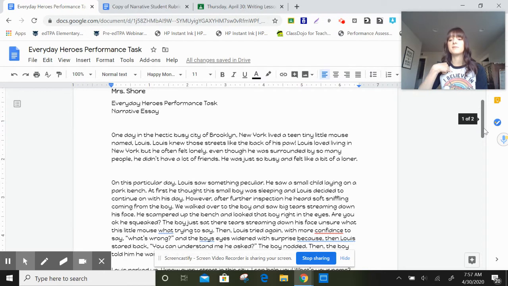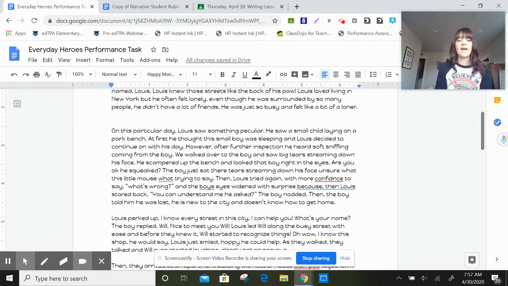Even as an adult, Mrs. Short always reads everything out loud because you catch things like, oh, I spelled that wrong, or I have an extra word here, or I need a comma here. So read it out loud, okay? So I'm going to go to some of these areas that I have these blue and red. And right here it says, the boy sat there, tears streaming down his face, unsure what this little mouse was trying to say. So I know, oh my goodness, was trying to say.